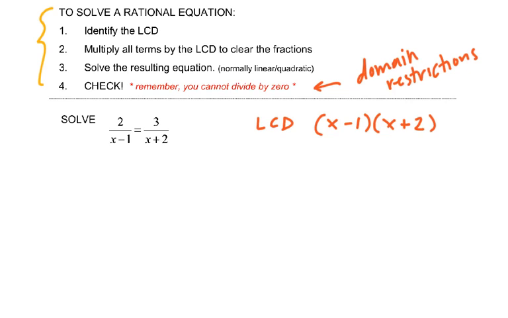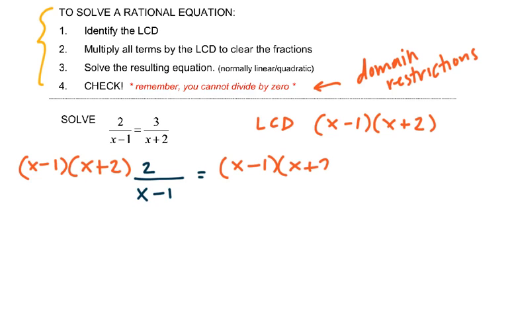And when I do that, what I end up with is something that looks like this. So I write the LCD on either side, and it looks like this.